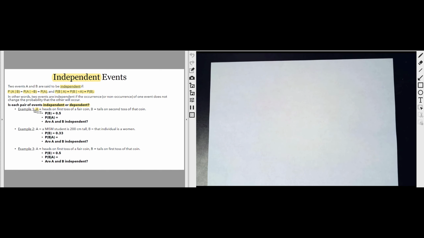Okay, let's take a look at some specific examples to identify which of these are independent and which are dependent. So our event A is going to be that we get heads on the first toss of a fair coin. And our event B is going to be that we get tails on the second toss of that coin. Now, if this is a fair coin, and we're not doing any kind of strange magic trick or fraud, does the second coin toss have any dependency on the first coin toss? No, not at all. It doesn't really matter what the first coin toss is.